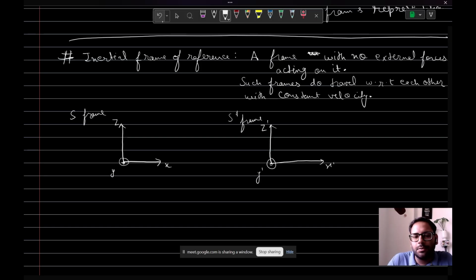Both of these reference frames move with a constant velocity with respect to each other.